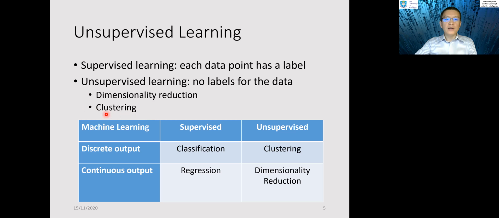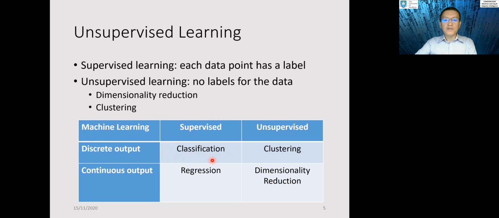We can understand these two tasks better by looking at the kind of output these models generate, and also comparing with supervised learning. If we have discrete output like 1, 2, 3, 4, or A, B, C, D in supervised learning, this is called classification, right?